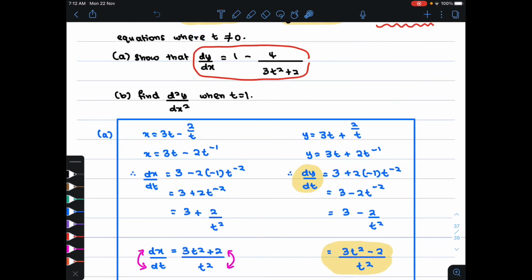For question B, we need to find d2y/dx squared when t is equal to 1. So this means that we need to find d2y/dx squared first, and then you'll substitute t equal to 1 into d2y/dx squared.